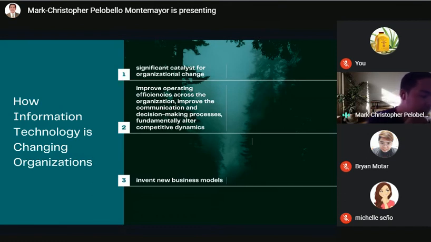The impact of information technology can improve operating efficiencies across the organization, improve the communication and decision-making processes, fundamentally alter competitive dynamics, and invent new business models.